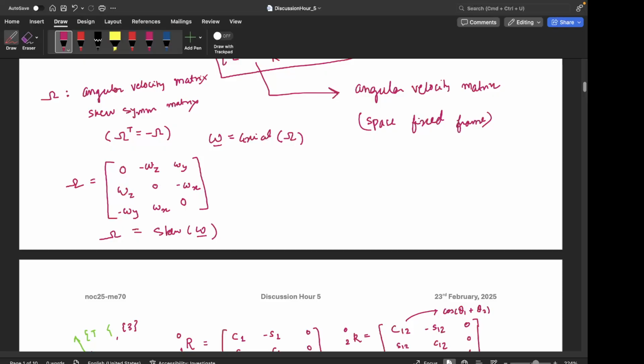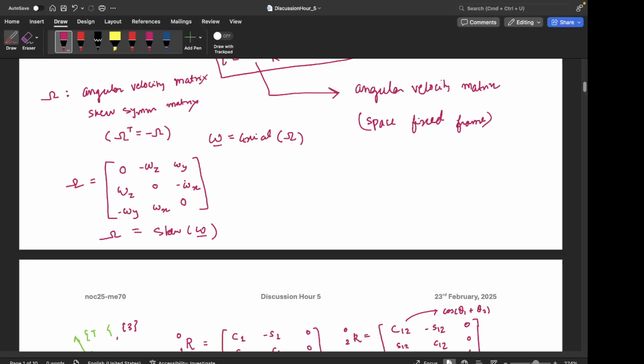So only 3 elements you would need, because the transpose needs to be minus of this. So you can describe a skew symmetric matrix by 3 elements.